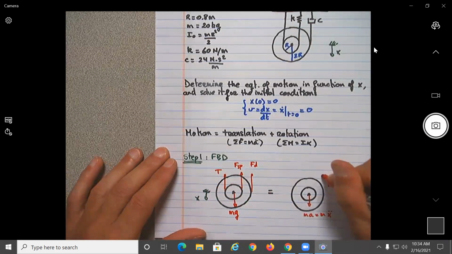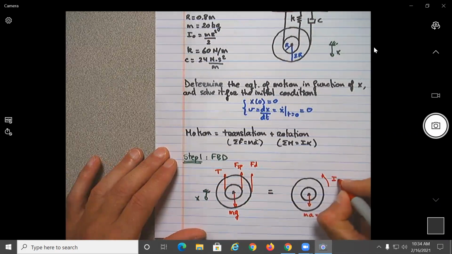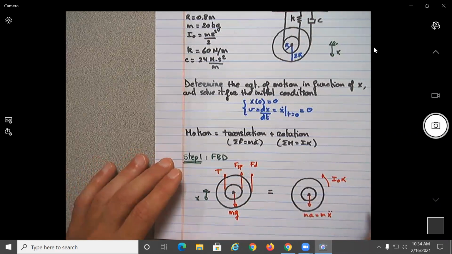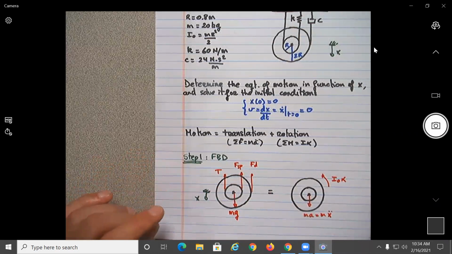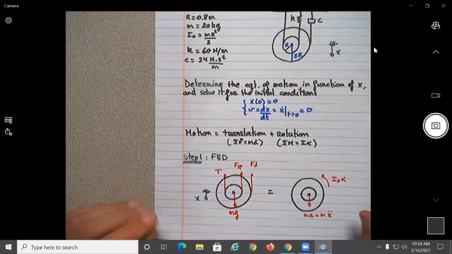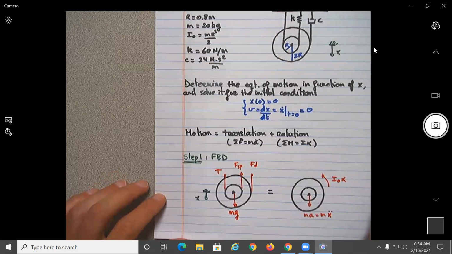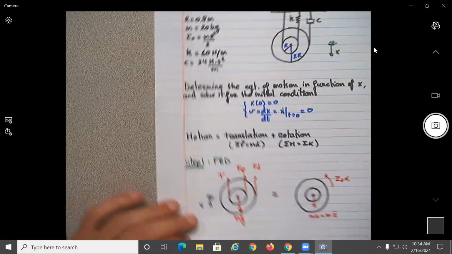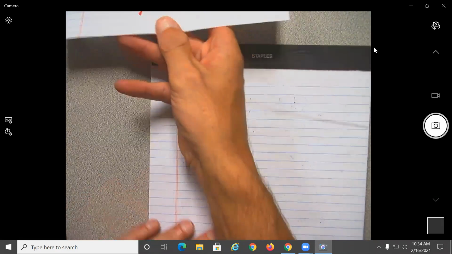And then we're going to have here the I sub O alpha. Okay, so over here, we write down the equation.